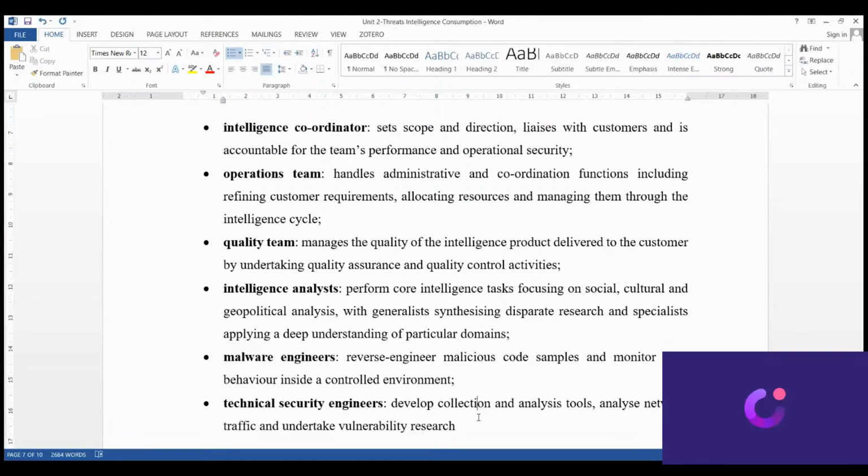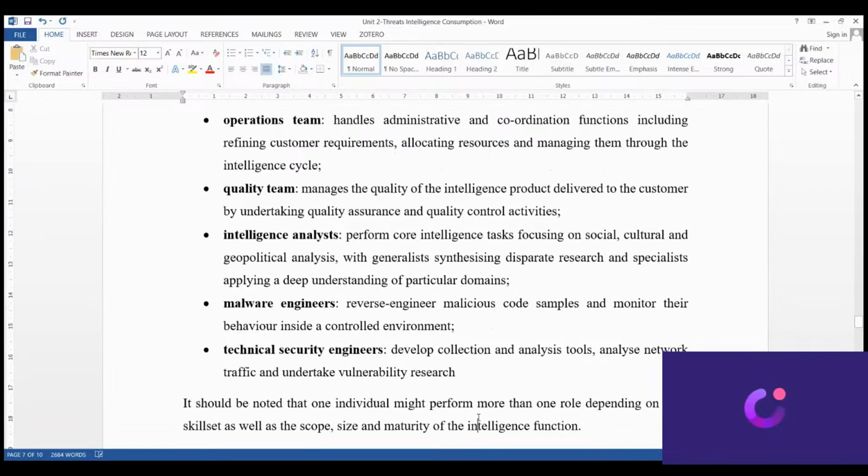So as a result, these people must be on top of their game and be able to understand traffic or any strange behavior that may be associated with a particular network traffic.